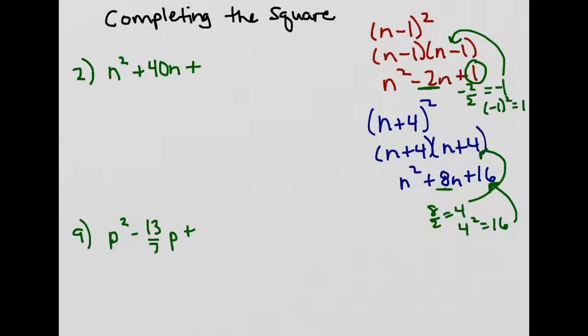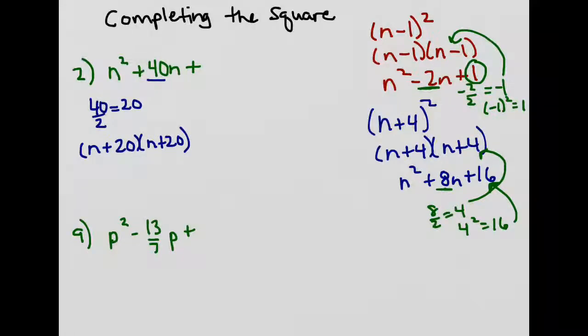So when you do a whole bunch of these, you start to see these patterns, and it gives us a method to complete the square. So for this first one, this is number 2 from the analytic geometry homework, I'm going to take my b term, which is 40, and divide it by 2, and I get 20. Since it's a positive 20, I know that my two factors are going to be n plus 20 and n plus 20.